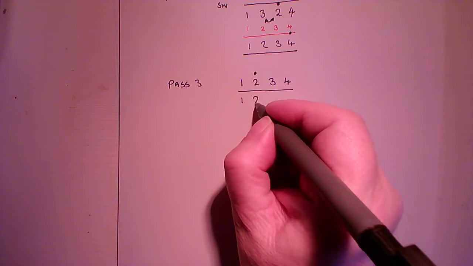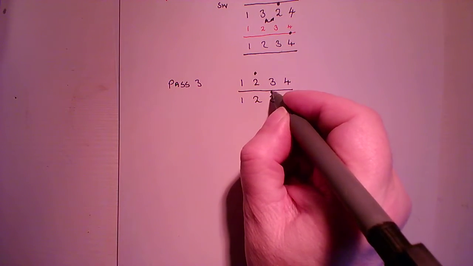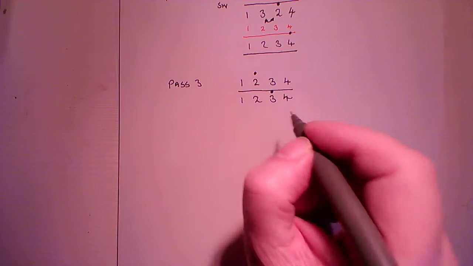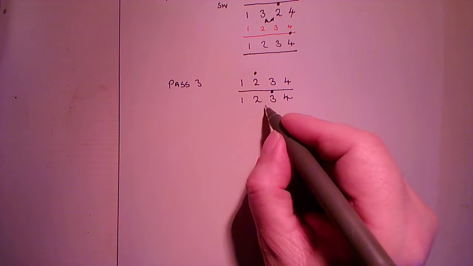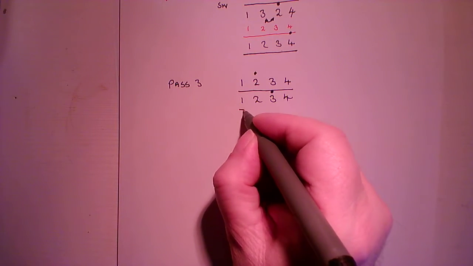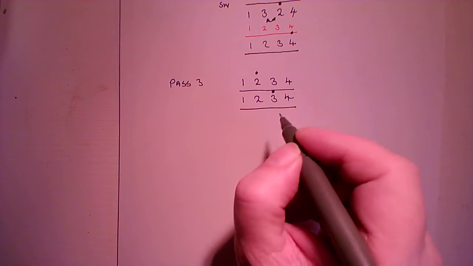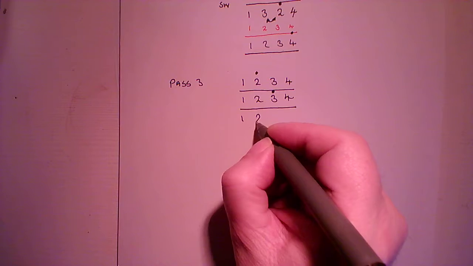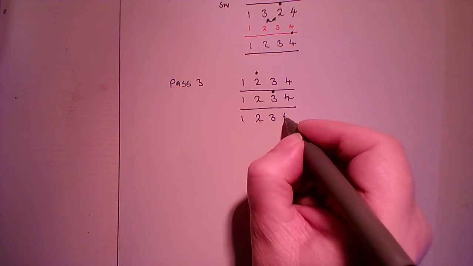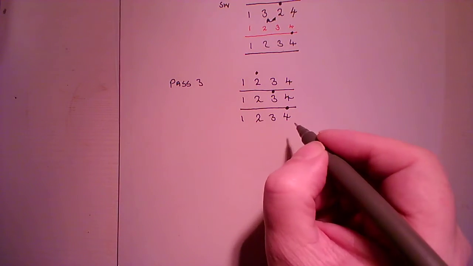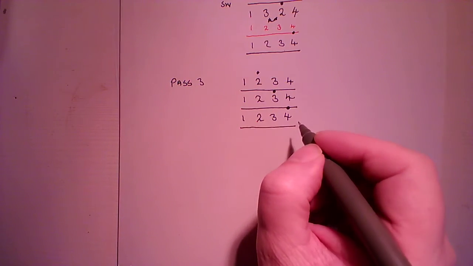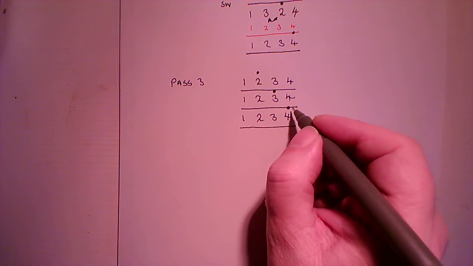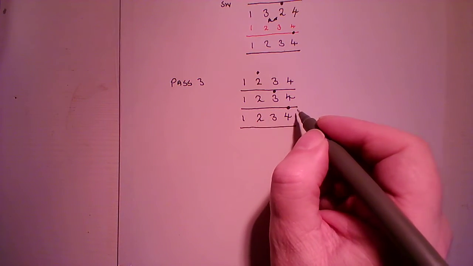Write down my numbers again. 1, 2, 3, put the dot on top of the 3 and the 4. 3 is not less than 2, so I finish with that one. So I'm going to write a line, and I'm going to copy my numbers out again. 1, 2, 3, 4, put the dot on top of the 4. 4 is not less than 3, put my line there, and I've run out of indexes, I can't go any further.